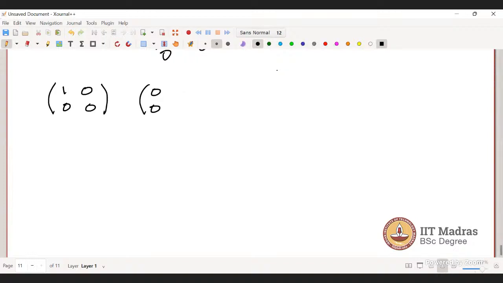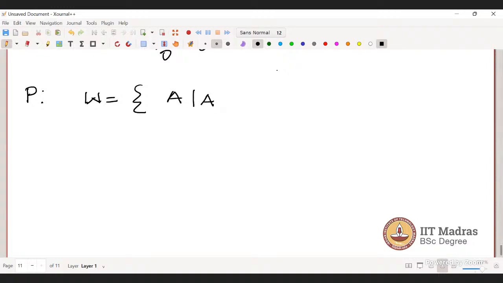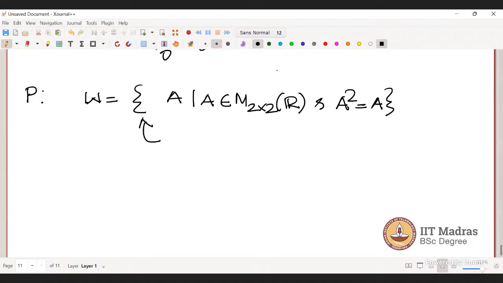Yes. So basically, for statement P, the set W is all 2 by 2 matrices A where A square is equal to A. This set is not closed under addition.